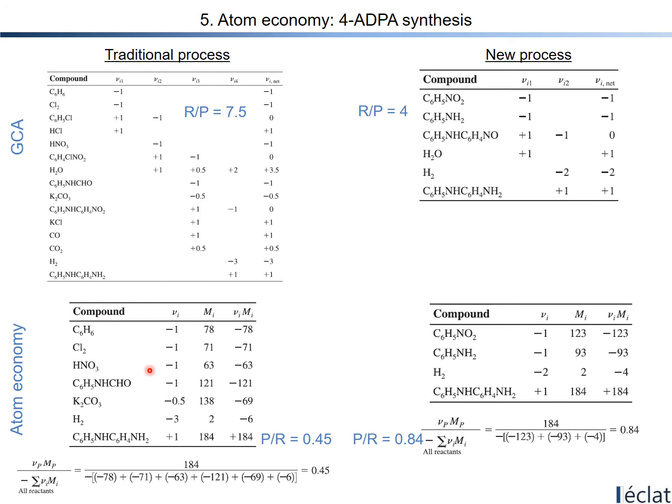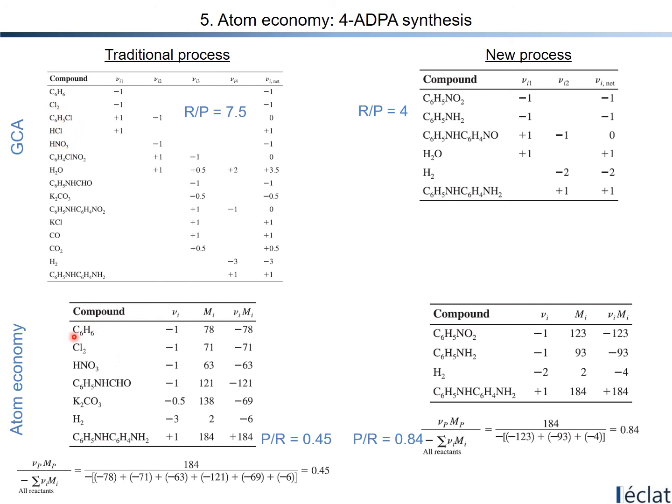I don't take care of byproducts and intermediates. So let me extract the reactants from this long list of compounds. A minus sign indicates the reactants. Zero means intermediate. Plus means product or byproduct. So C6H6 is a reactant, because we have -1. How about Cl2, right? And HNO3, right?